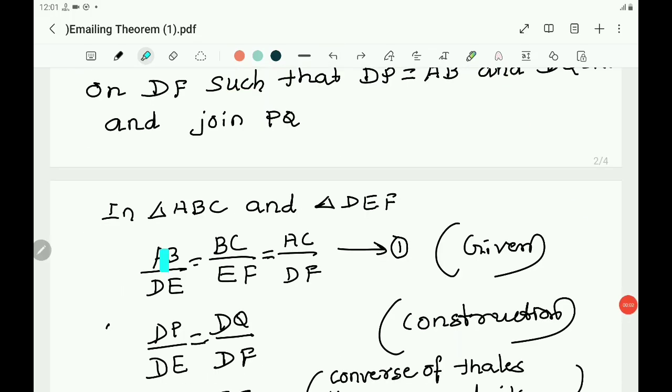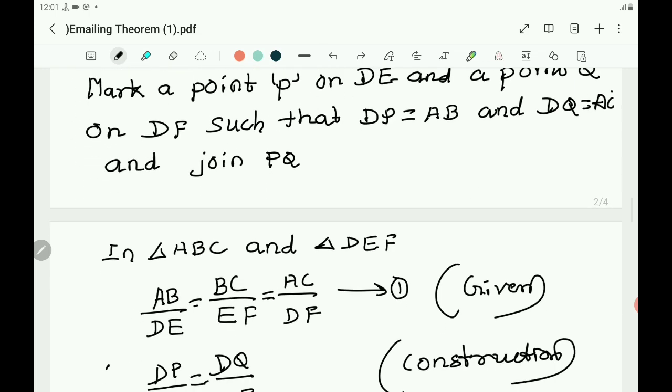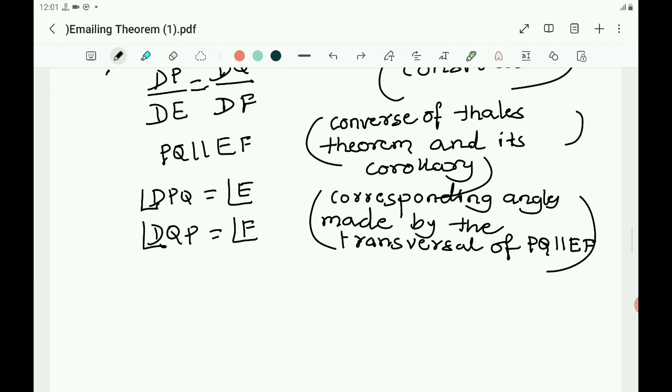In one we got AB by DE is equals to BC by EF is equals to AC by DF. So now let us write DP by DE is equals to PQ by EF is equals to DQ by DF.